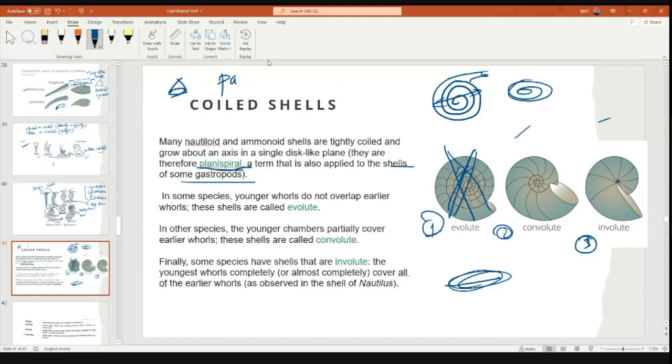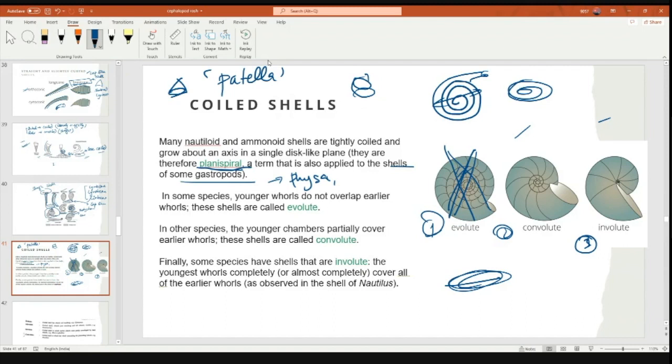Okay, patella, that will be patella. And the sinistral spiral of the gastropod, Pisa. Okay, so leave it.